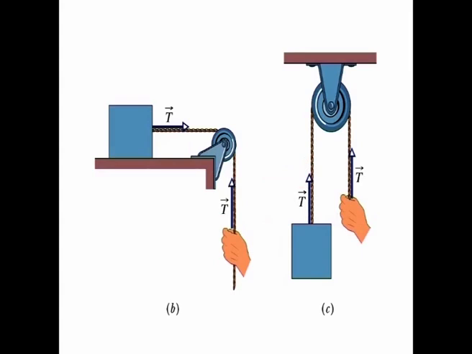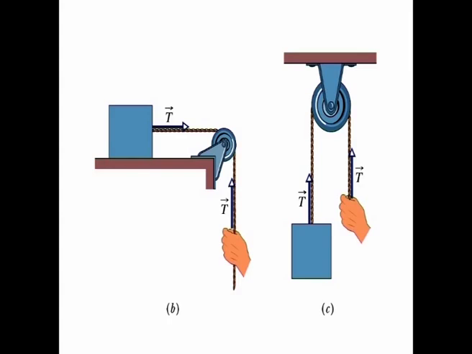A cord is often said to be massless, meaning its mass is negligible compared to the body's mass, and unstretchable. The cord then exists only as a connection between two bodies.